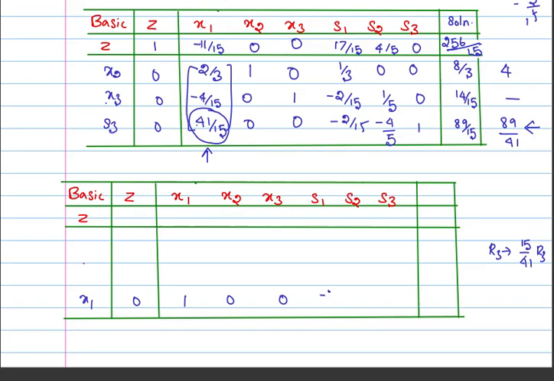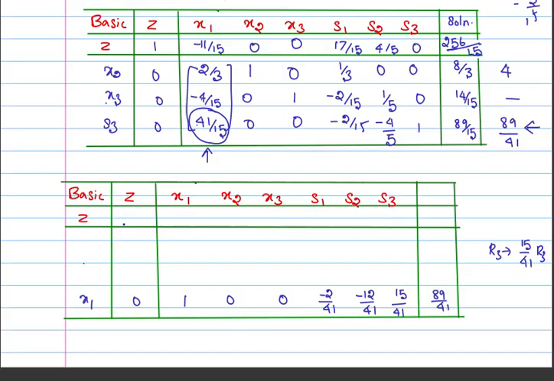So minus 2 over 41. Here you get minus 12 divided by 41. Here we have the 15 divided by 41. Here we get that 89 divided by 41.